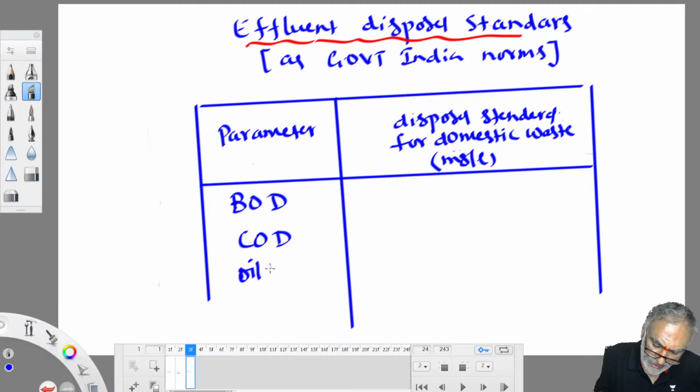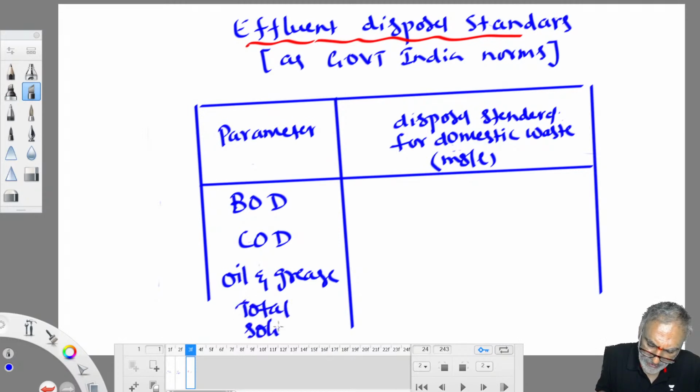Then one more parameter we measure is oil and grease. Another parameter is total solids. So these 4 parameters we work out for any waste.